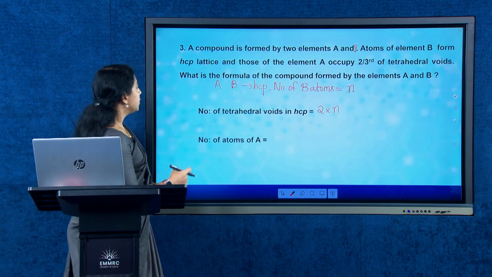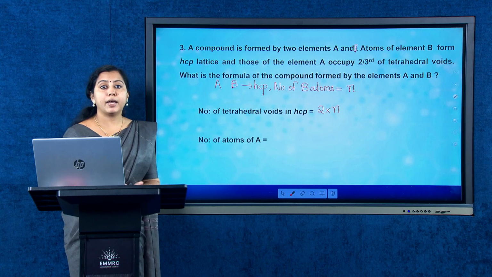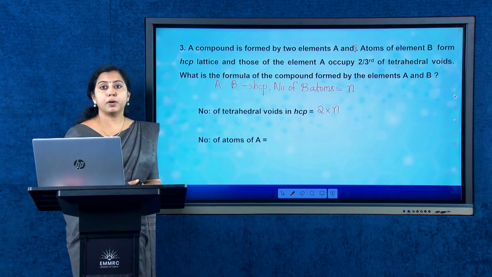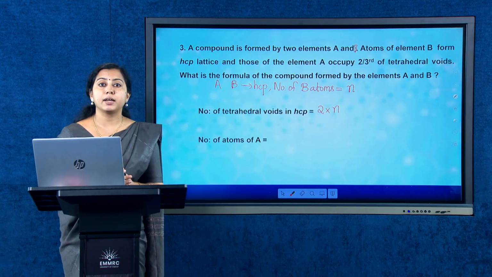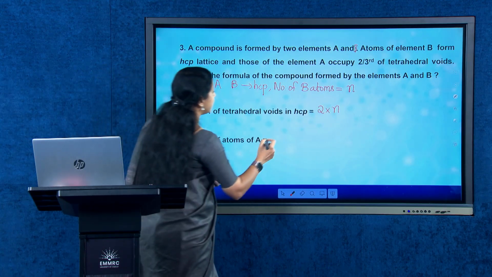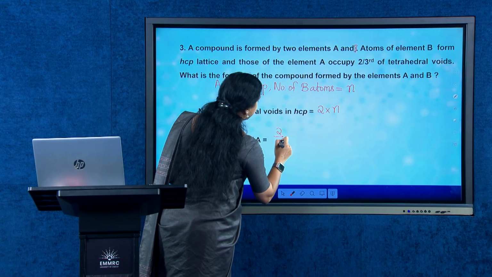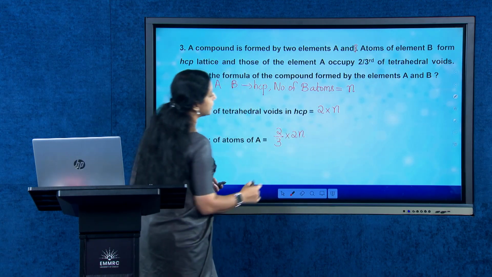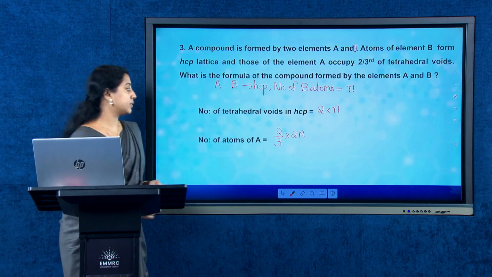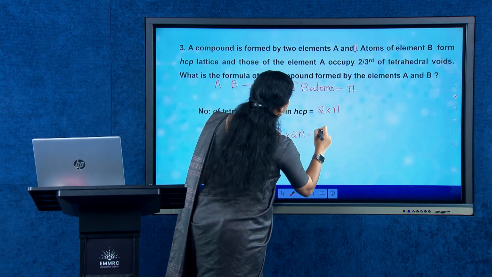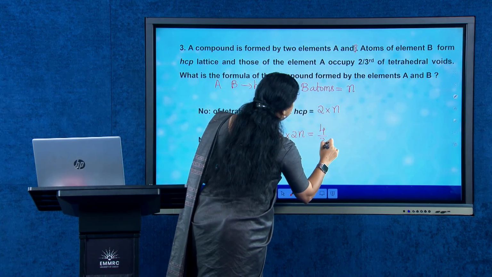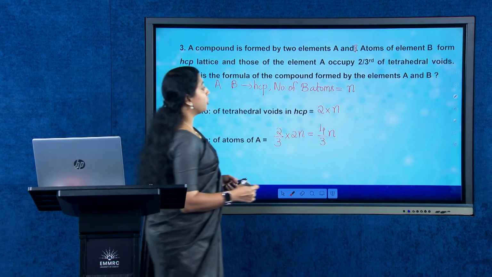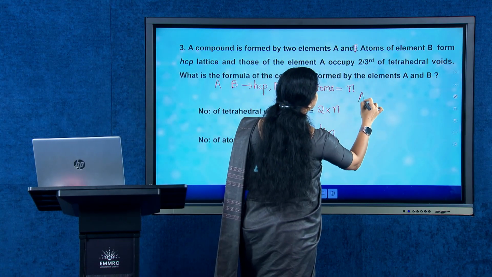What will be the number of A atoms? It is given that A atoms occupy 2/3 of the tetrahedral voids. So, that means 2 by 3 into 2N, since 2N is the number of tetrahedral voids. That will be equal to 4 by 3 N. So, what will be the ratio of A and B?